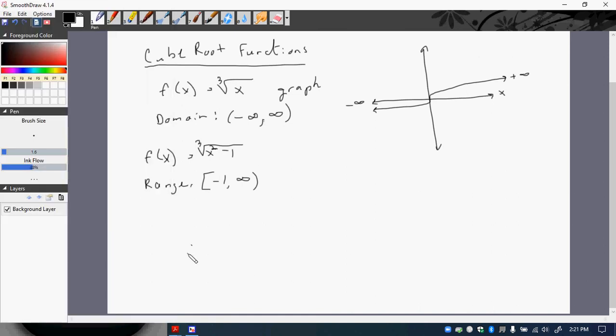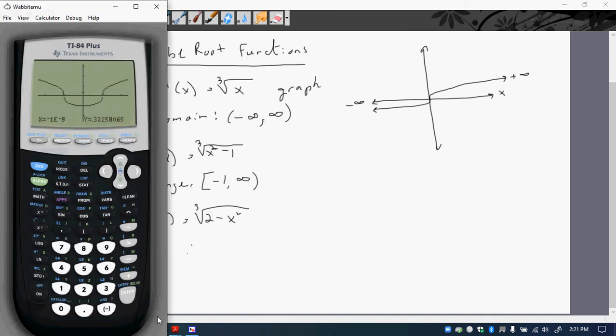Let's do another one. We do f of x equal to the cube root of 2 minus x squared. So if I actually graph that, I'll hit clear, I'll hit math, and 3.